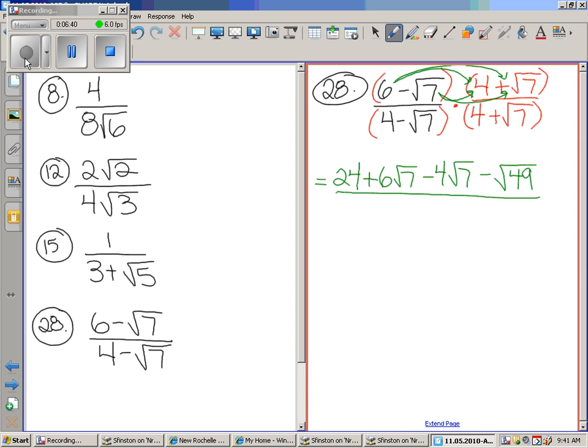All over. Now let's do the bottom. 4 times 4 is 16. 4 times positive radical 7 is plus 4 radical 7. Negative radical 7 times 4 is, whoops, negative 4 radical 7. And negative radical 7 times 7 is negative square root of 49.